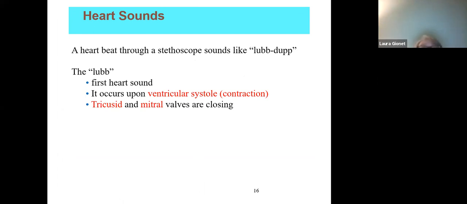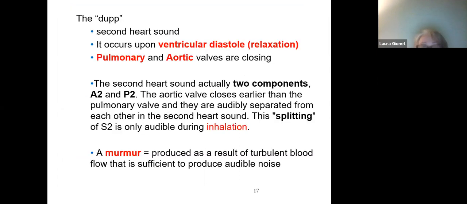That first heart sound is produced when the ventricles enter into systole or contraction, and it is produced by the closure of the tricuspid and mitral valves upon ventricular contraction. The dup, or the second heart sound, is the pulmonary and the aortic valves closing, and that happens when the ventricles relax.